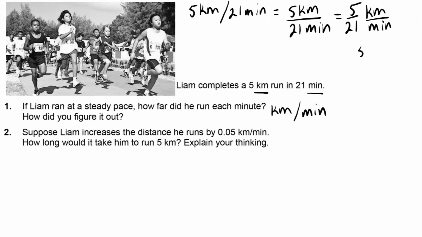If it was 5 divided by 20, that would be 1/4, which is 0.25, so I know I'm going to end up with a number pretty close to that. On a calculator, I end up with something like 0.23809, which rounded to 2 decimals is 0.24, and that is kilometers per minute.